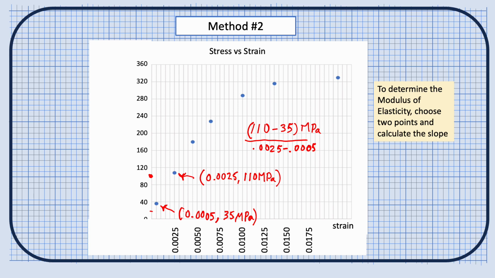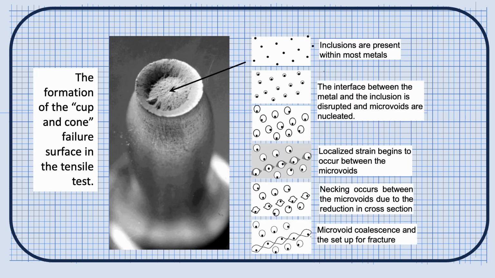All right, so just a couple of other points here about tensile fracture, tensile failure. There's a classic shape that the sample will form called a cup and cone shape. This is the cup part of the sample. The other part will be the cone part.